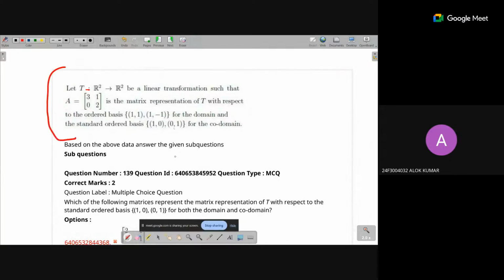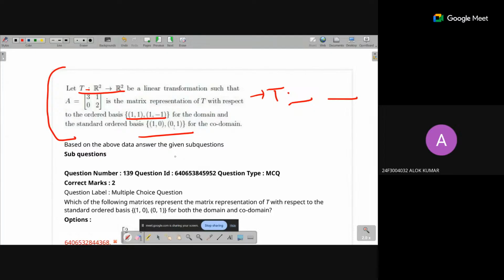Can I start this question? Yes, sir, you can go ahead. So this is a linear transformation T, and matrix A represents it with respect to the domain and codomain bases. For a different ordered basis of the domain and codomain, there will be a different matrix.